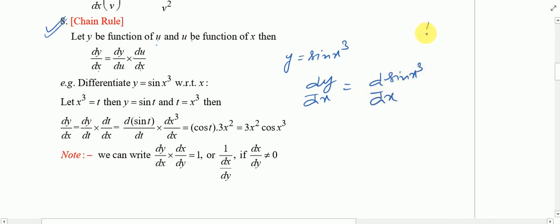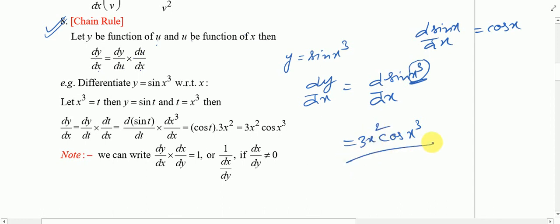You know that differentiation of sin x is cos x. Just think for a while that this is x only, then you get cos x cube, and then differentiate it again. Differentiating x cube gives 3x square, so you get the answer.